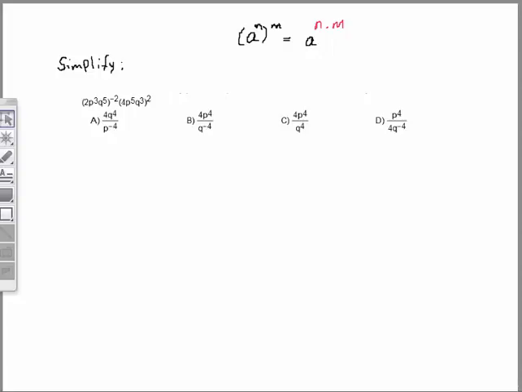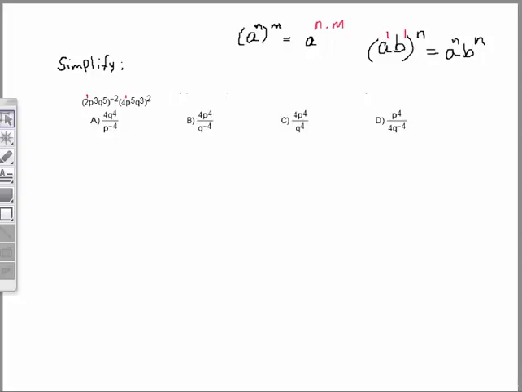If I have a times b to the power of n, you could have more than one term inside the parentheses. It would be a to the power of n, b to the power of n. So when there is no exponent, it means it's 1. So in this case, 2 inside the parentheses, the exponent is 1. 4 inside the parentheses, the exponent is 1, and so on.